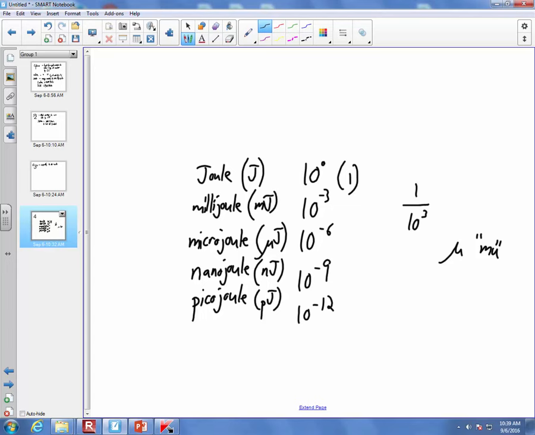Let's go up. So instead of getting small, let's get bigger. So 10 to the positive 3, or 1,000 joules, kilojoule. Let's go up one more. 10 to the 6th, megajoule.